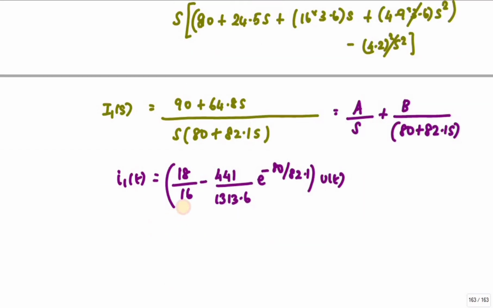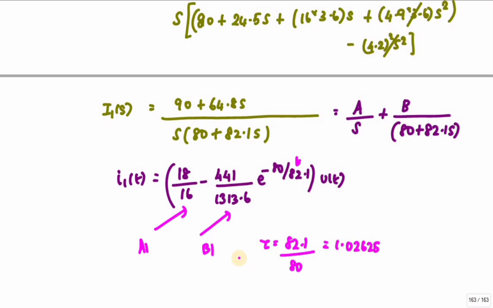This is my value of A1, this is my value of B1, and this is my value of tau. Tau is the denominator, so it is 82.1 divided by 80, that is equal to 1.02625.